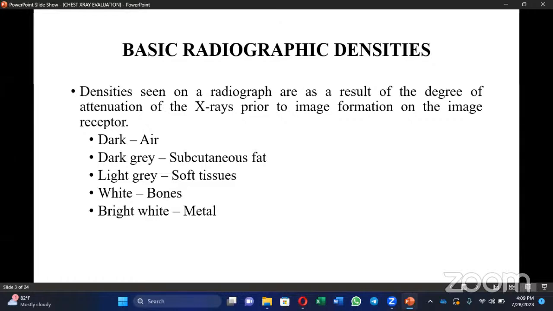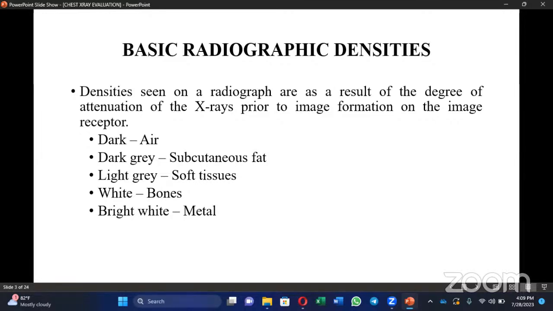Then we have whitish areas on the radiograph. An example is bones. Bones appear white on a radiograph because they absorb much of the radiation when they are being exposed. All right. So whenever you see white areas on the chest radiograph, it means you are seeing the bone. And then we have other areas that appear very, very white, whiter than the bones.